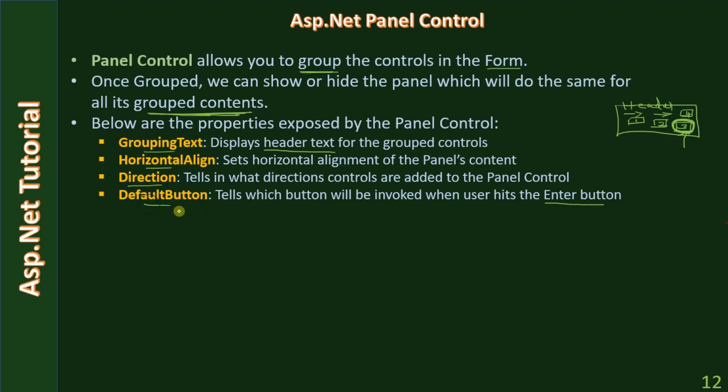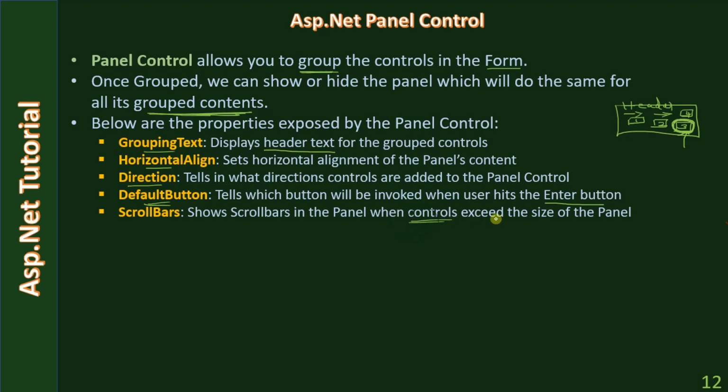So that's the use of default button. Using default button you can tell that button 3 is the default. Scroll bars shows a scroll bar in the panel when you add multiple controls and the controls exceed the size of the panel.